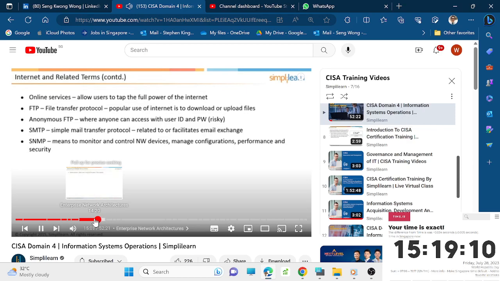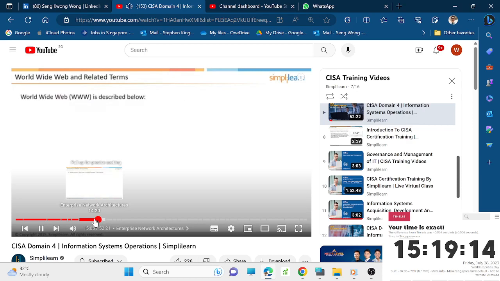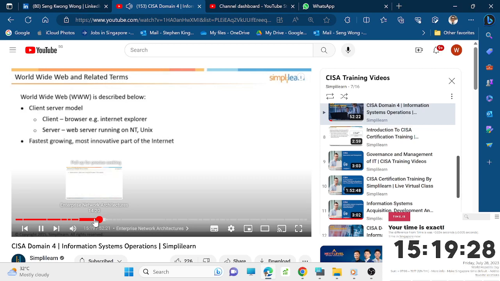Let us now discuss the World Wide Web in the next screen. World Wide Web, or WWW, is a client-server model where the client uses a browser, for example Internet Explorer, to access a web server that could be running on NT or Unix operating system. The World Wide Web is the fastest growing and most innovative part of the Internet.